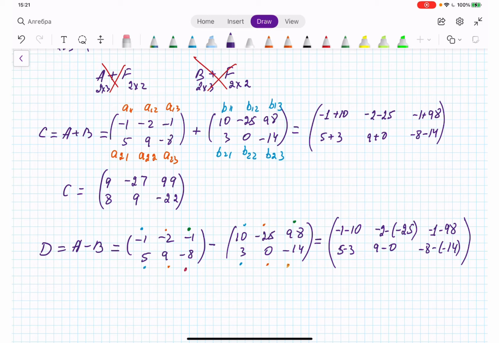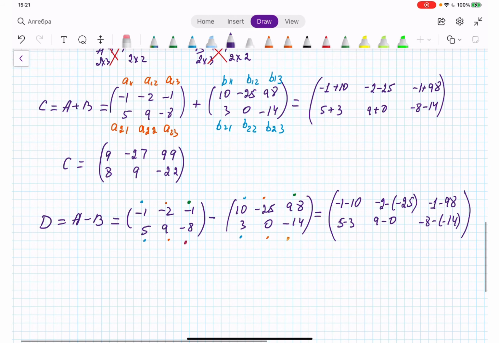So from here, what we are going to get is negative 11, negative 2 plus 25, negative 23, negative 1 and negative 98, negative 99. 5 minus 3 is 2, this is 9, and negative 8 plus 14 is going to be 6.